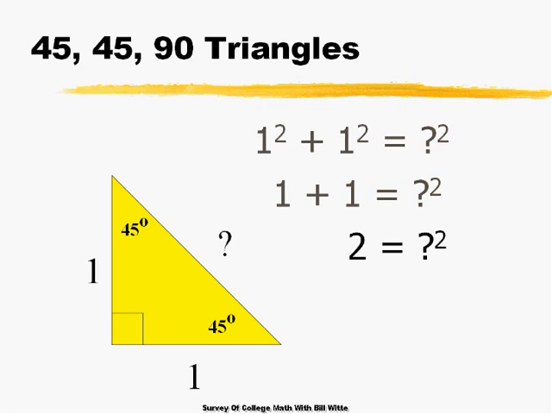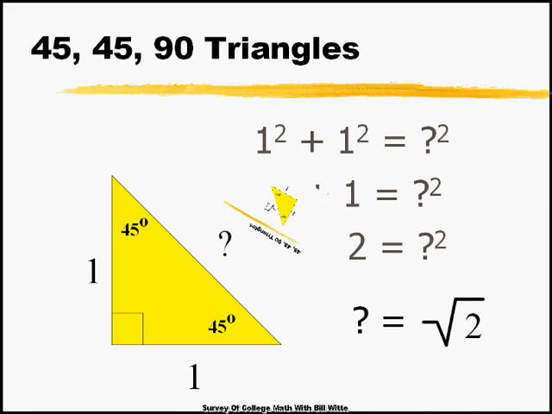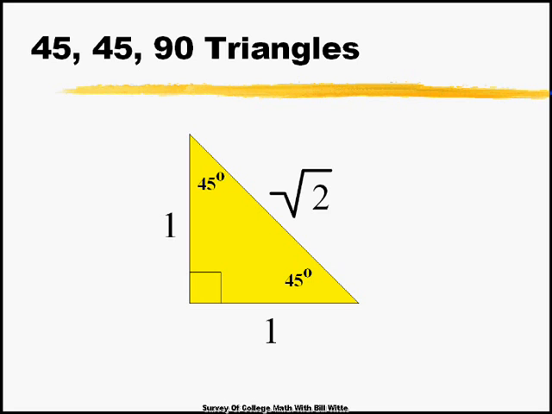So that hypotenuse is always going to be in a ratio of the square root of 2. 1 to 1 to square root of 2. You can memorize that if you want, or, since you know the legs are the same, you can just use the Pythagorean theorem to derive it. But a lot of people just memorize that.